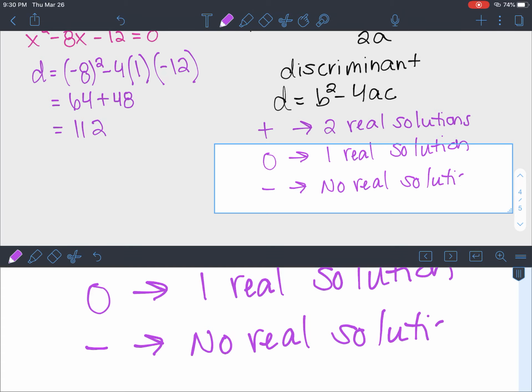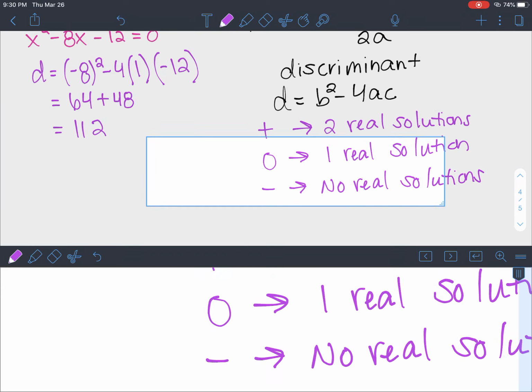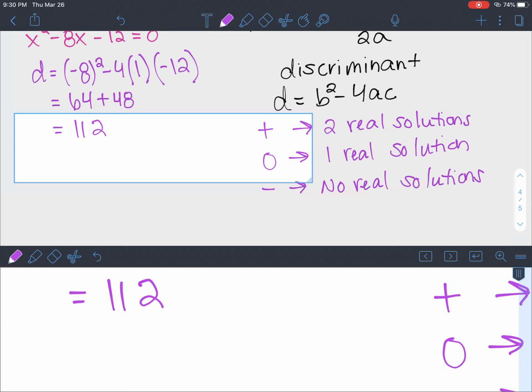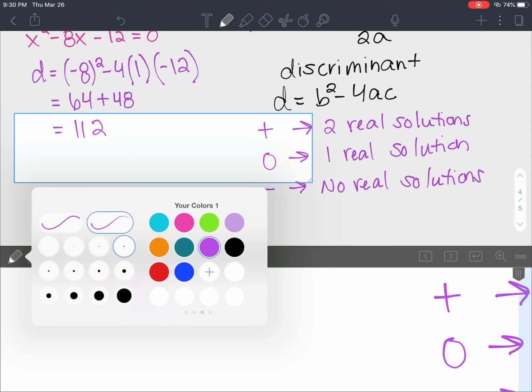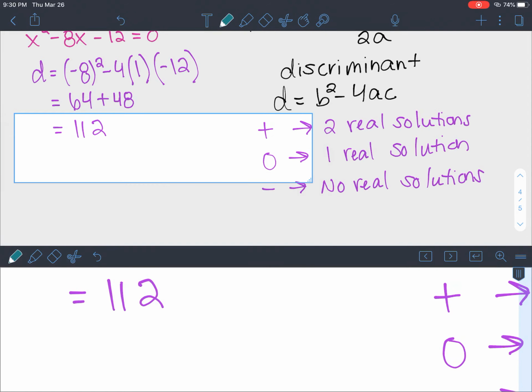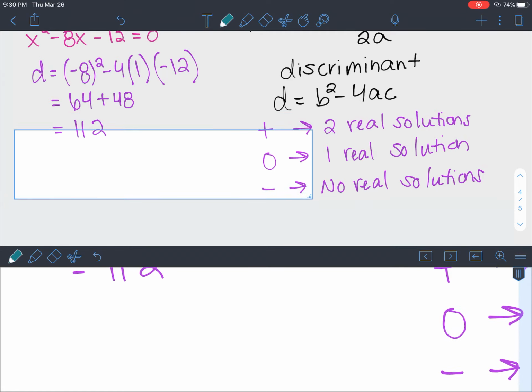This was in the notes. You will be asked a question about this tomorrow on the exams, or, well, I guess it's today for you guys. Just keep that in the back of your mind when you have a discriminant. If it's positive, 2. If it's 0, 1. If it's negative, none. Now all we are left with to do is to plug all this information into our quadratic equation and figure out what those 2 real solutions are.